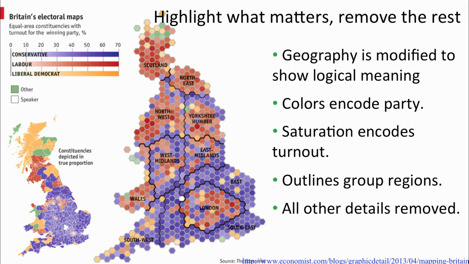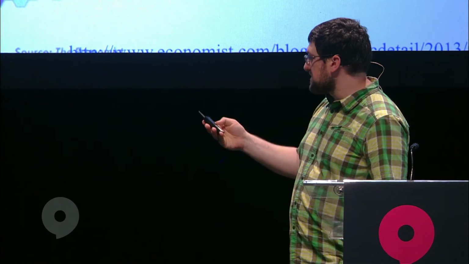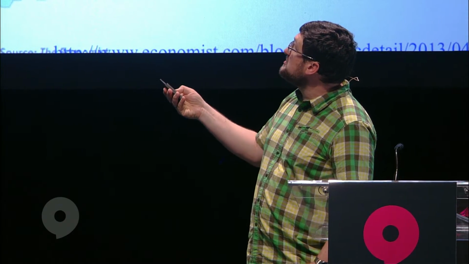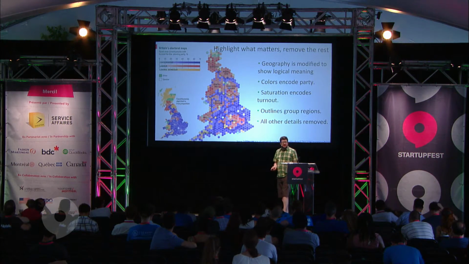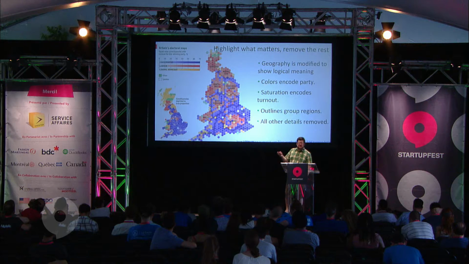So what they've done with the formatting is they've changed this so that you can actually understand what happened in a way that is more accurate and more true to the data. Not to the geography, because no one's navigating using this map. No one's selling real estate based on this map. We care about what the election results were. So they've color-coded which party came ahead in each district. They've used saturation to show by how much that party led in the district.